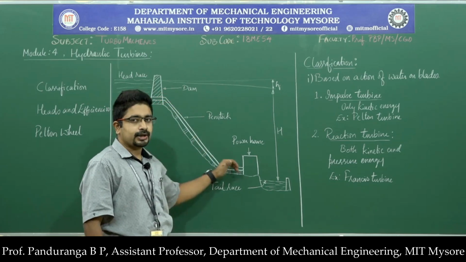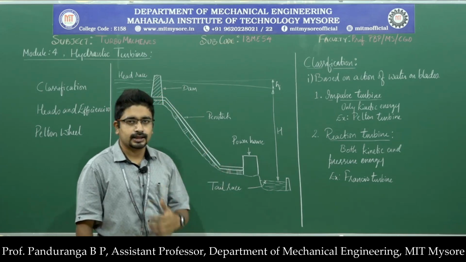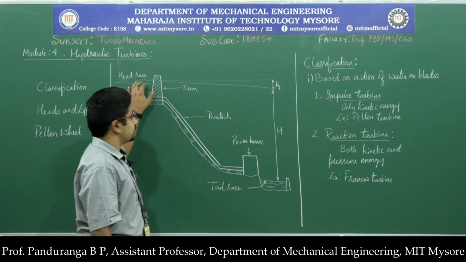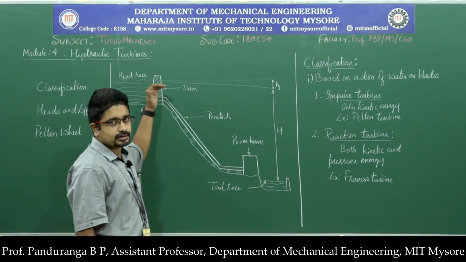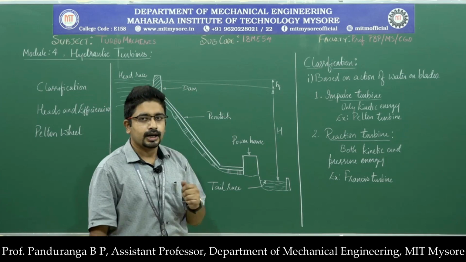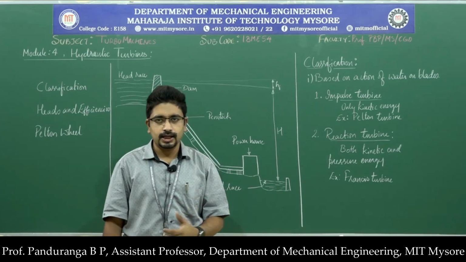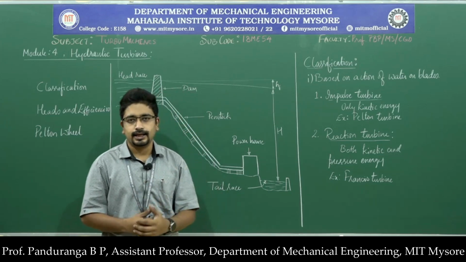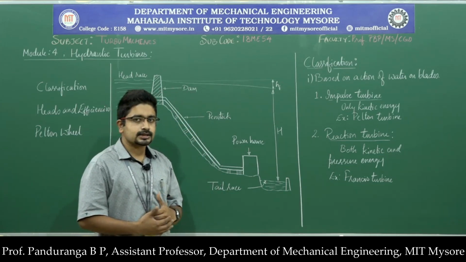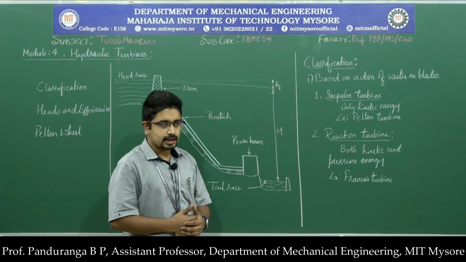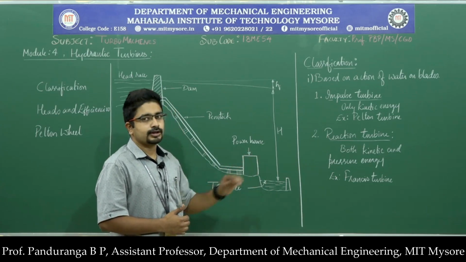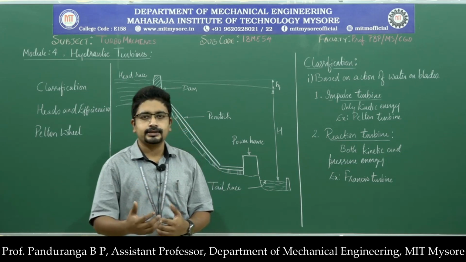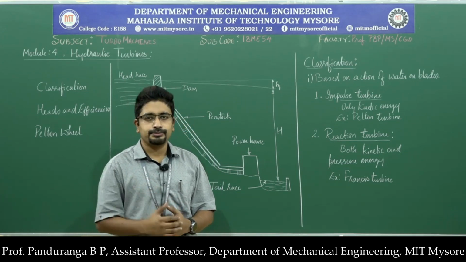As the water passes through the penstock, it will have a certain amount of pressure energy because we are storing water at a certain height. So it will have a certain amount of hydrostatic pressure or potential energy, and all that will be converted into kinetic energy. That increases the velocity of water. So when the water strikes the blades of the turbine, only the kinetic energy of the water will be absorbed.